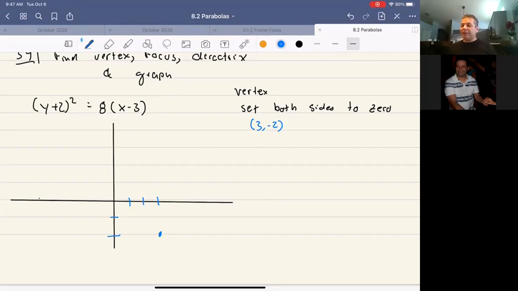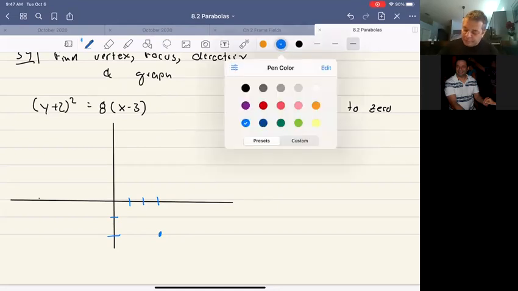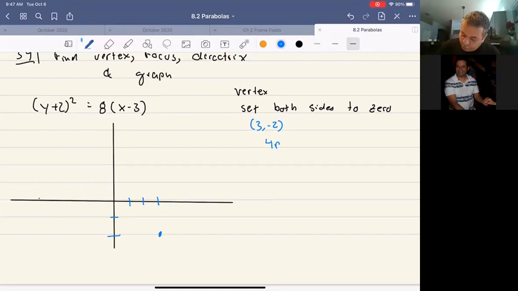And what is our p? Well, 4p equals 8, so p equals 2. We need to move 2 to the right from the vertex to get our focus. So our focus is (5, -2).